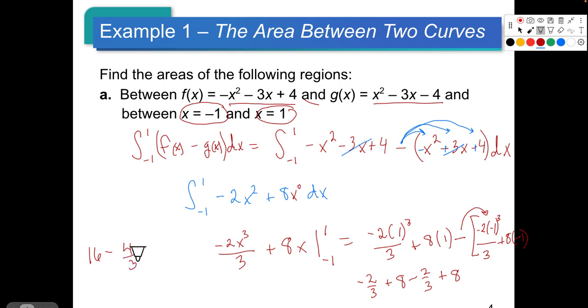And I hate working with fractions. 4/3 is like 1.3, so it's going to be like 14.666. I think if you change this to 1.33, repeating, I think we get about that.